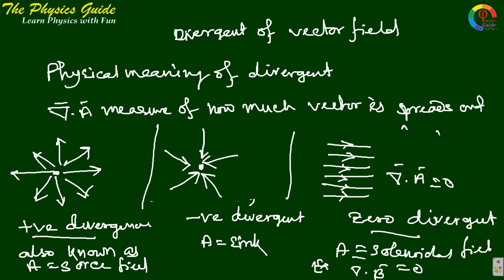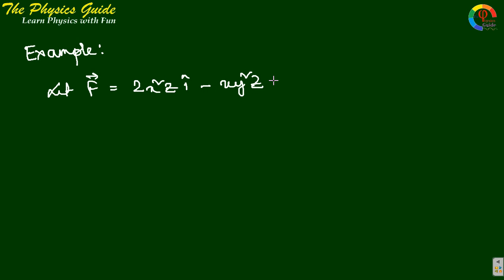Now we are going to solve an example with divergence, means how to calculate the divergence. Let the field vector f equals 2x square z i minus x y square z j plus 3yz square k.